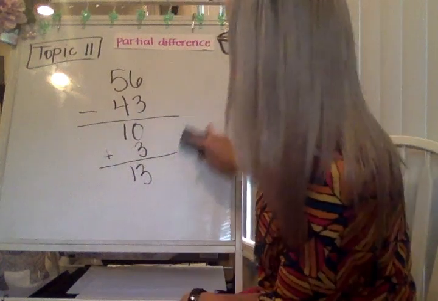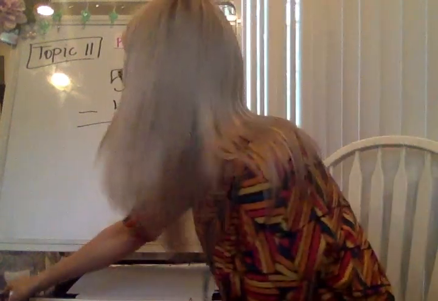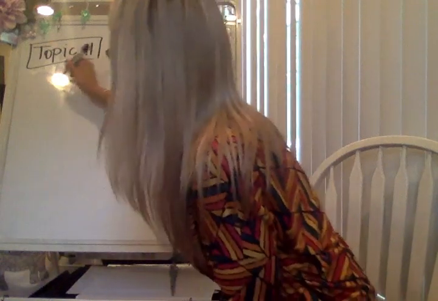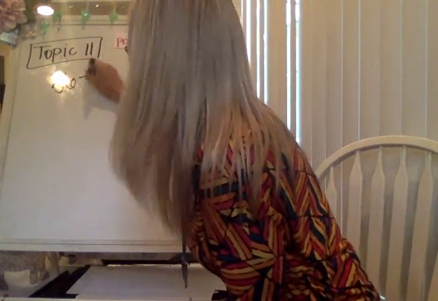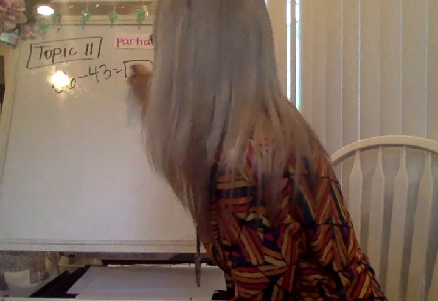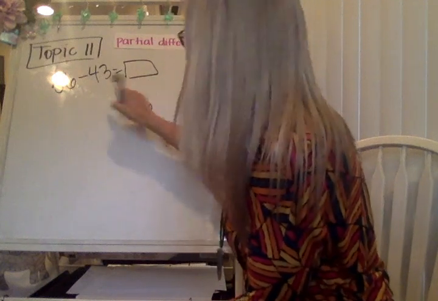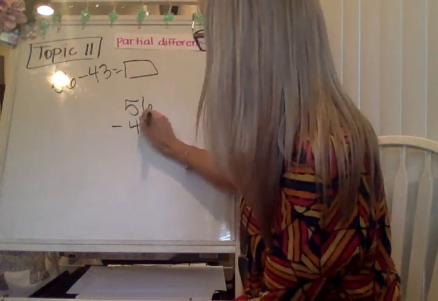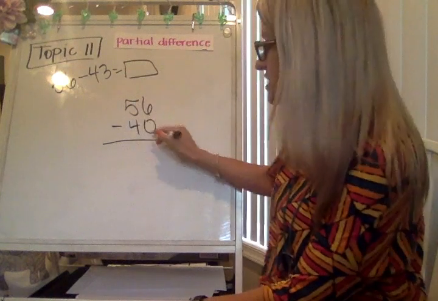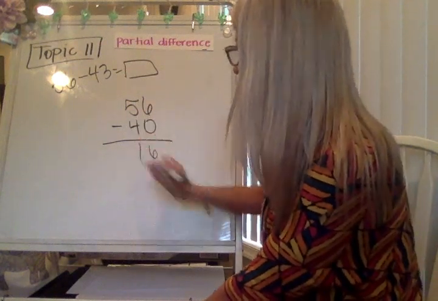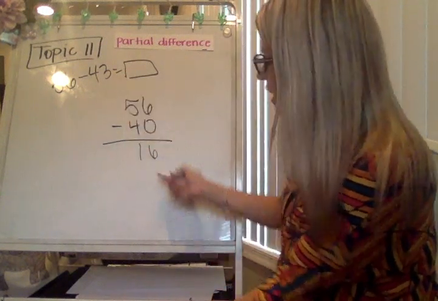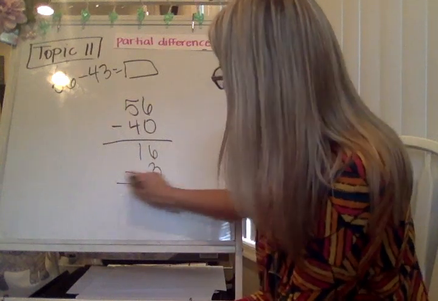Another way that this could look is instead of starting with that same number, let's say it's still 56 minus 43 equals something. You could start with 56 and then just say minus 40. So 56 minus 40 leaves you with 16, and then break it again and say minus the 3.